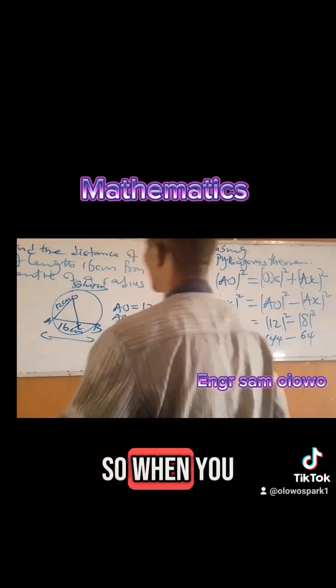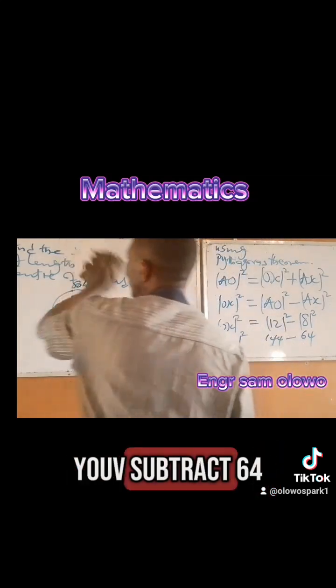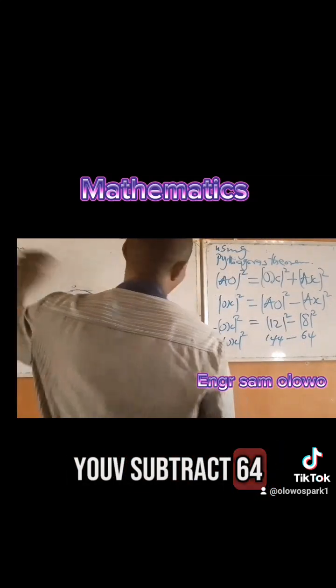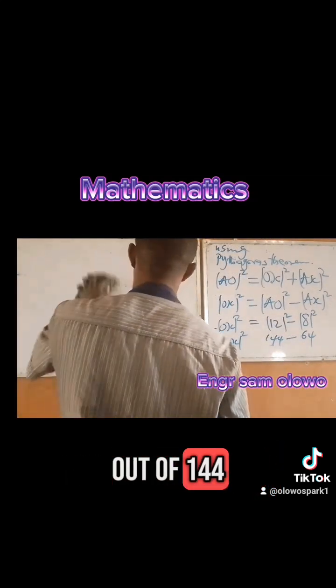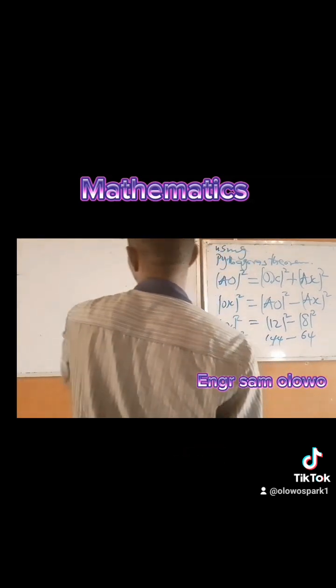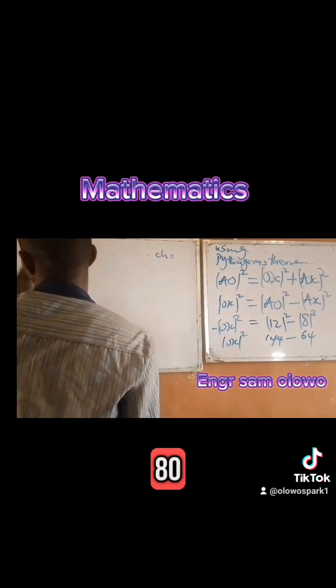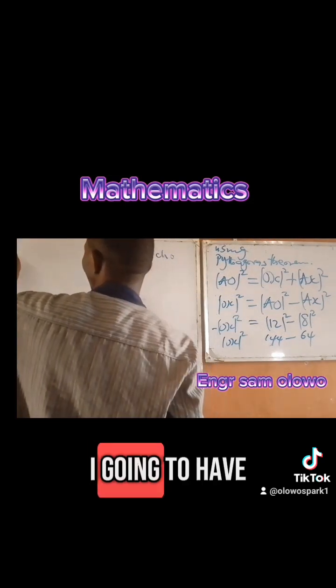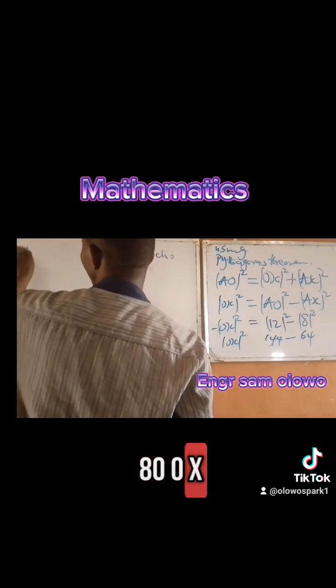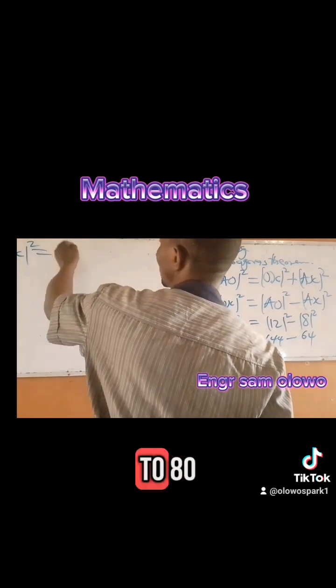So when you do the arithmetic, if you subtract 64 out of 144, we are going to have 80. OX square is equal to 80.